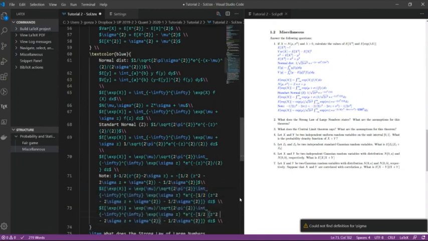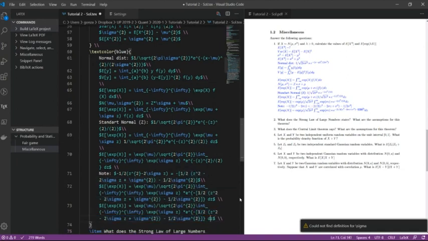And my equation will look like this. And over here, instead of just mu, it's going to be mu plus sigma squared over 2.